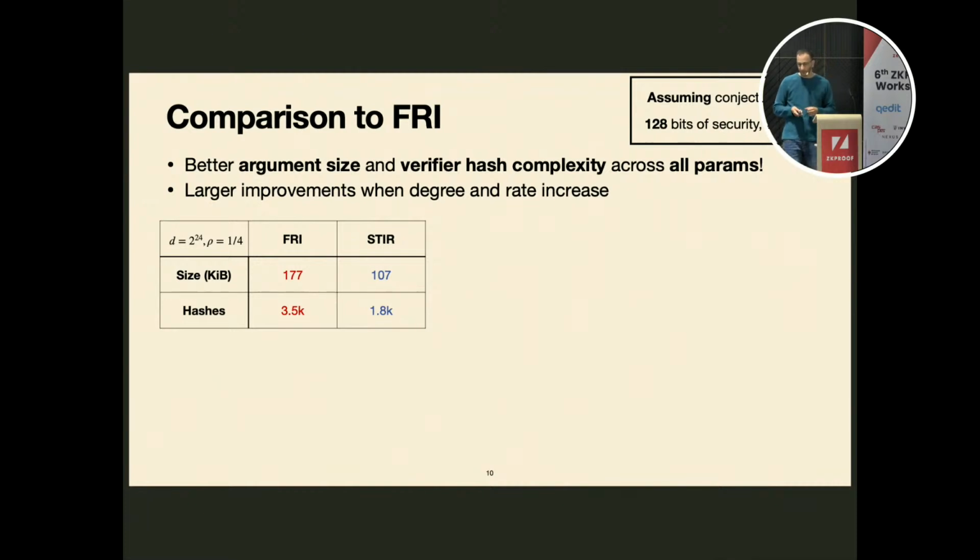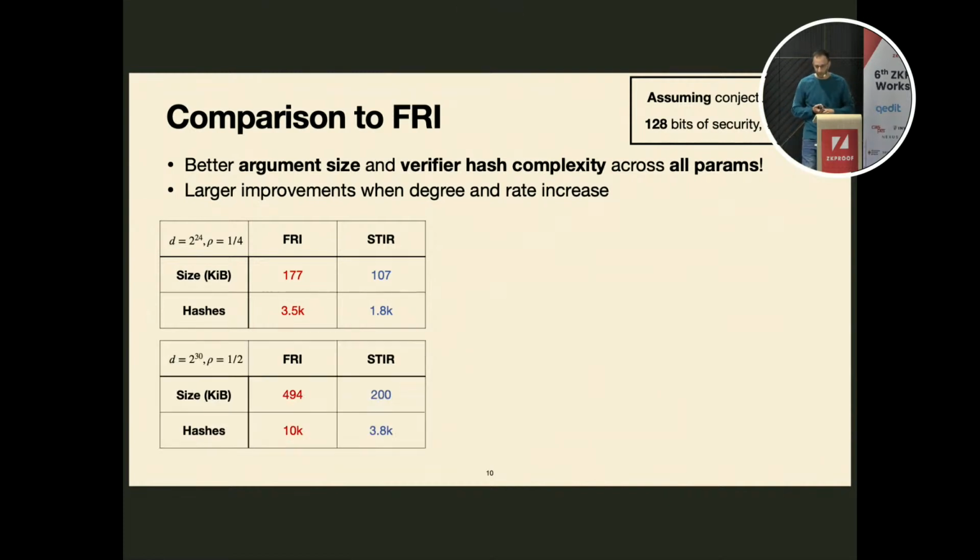The size of Phi would be 177 kilobytes, and the size of Steer would be 107 kilobytes. That's quite a big improvement. The number of hashes that the verifier performs is 3.5K for Phi and 1.8K for Steer.